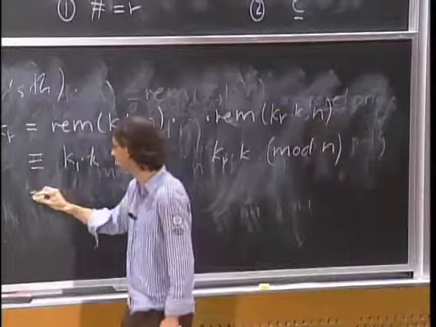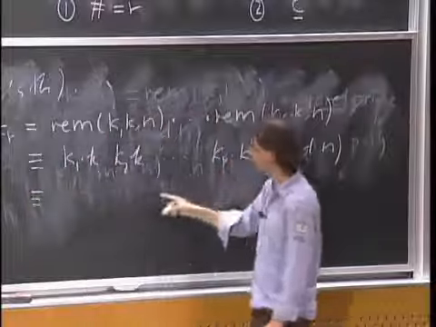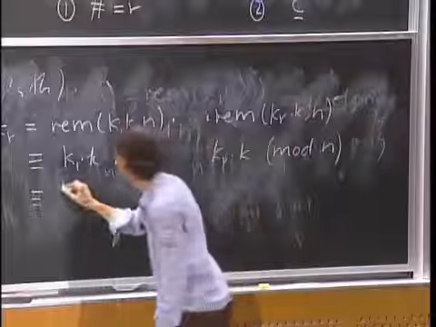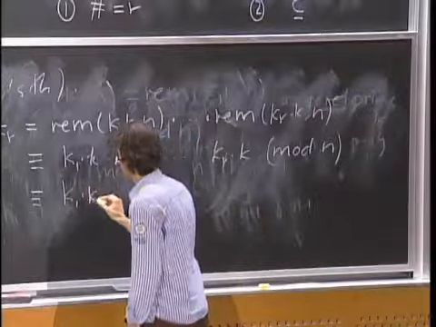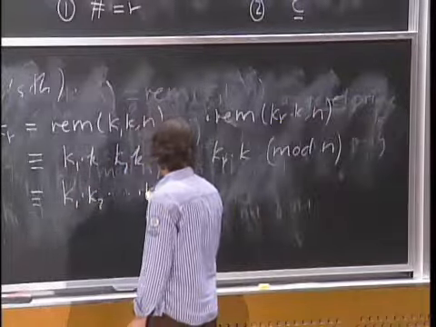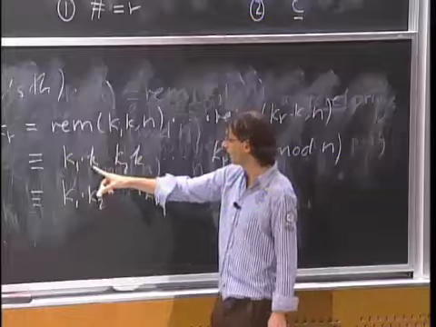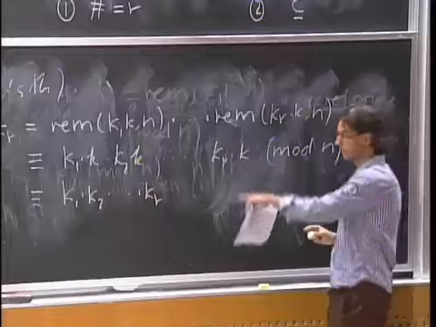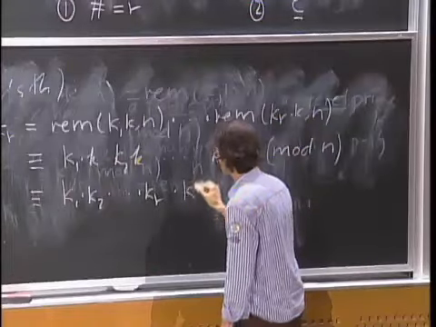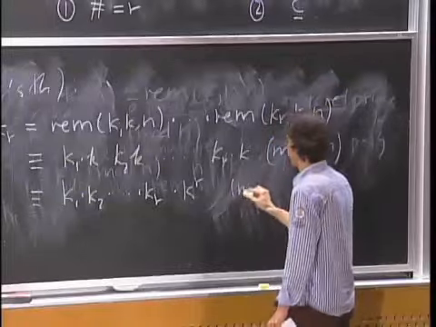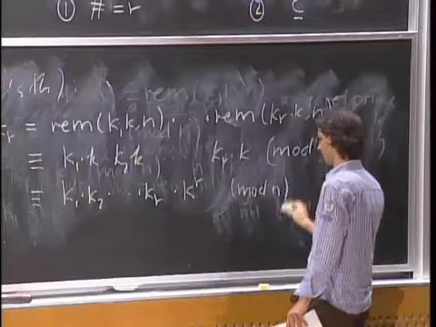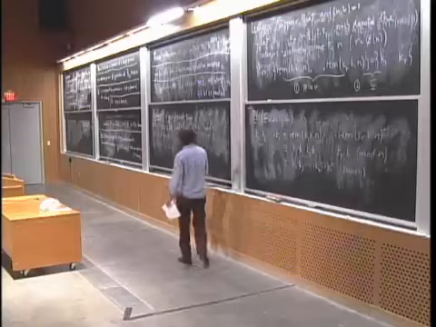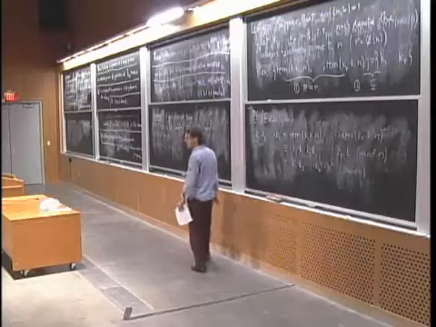So let's regroup those. We see k1, k2, all the way up to kr reappearing. And we have a k here, and we have that r times. So we have times k to the power r modulo n. So now we are able to again use this particular lemma over here.